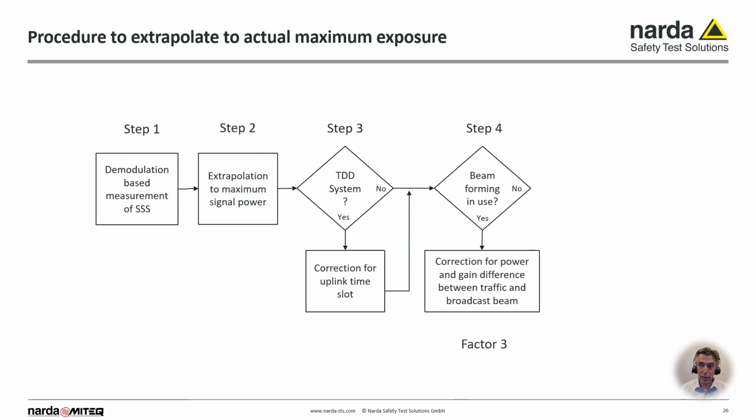This means that the traffic signal can be transmitted with higher exposure values. This means when we measure the signalization signal, we underestimate. And we have to add something to our demodulation signal so that we also get the maximum power out of the traffic beam.